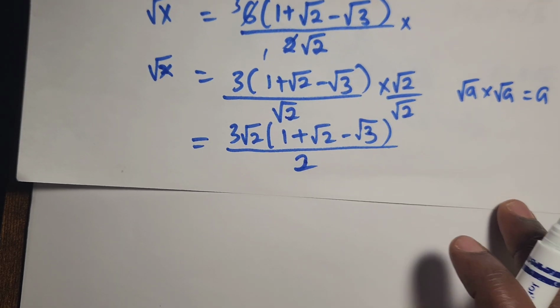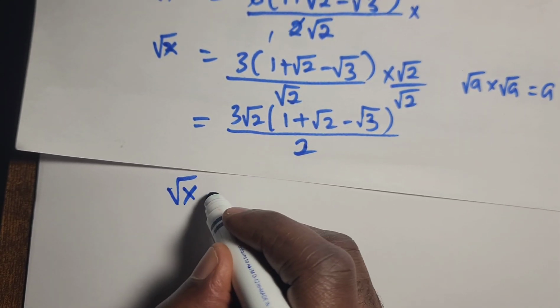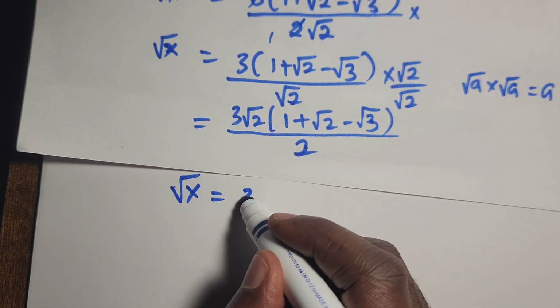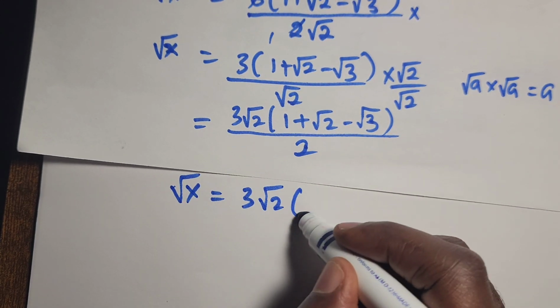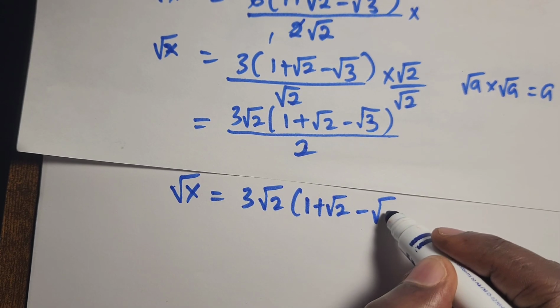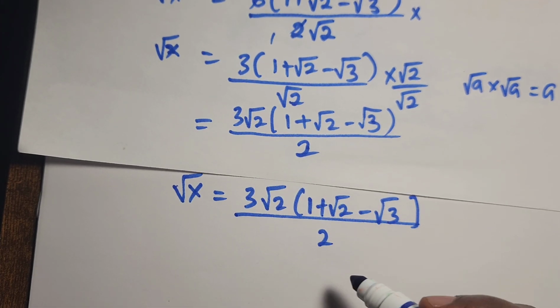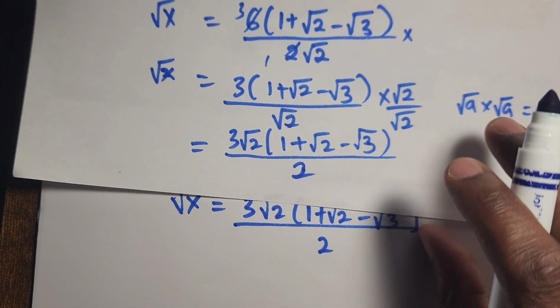We can simplify further. So here, I have the square root of my x to be equals to 3 root 2 in parentheses 1 plus the square root of 2 minus the square root of 3 divided by 2. Next is to square both.